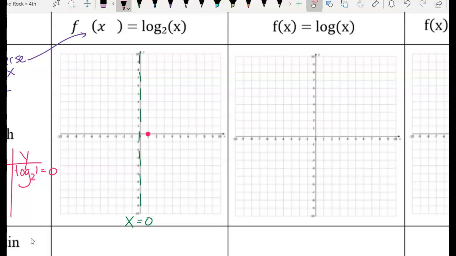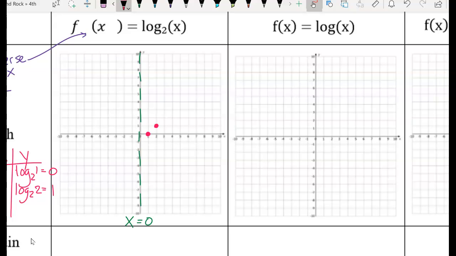What do you think is the next good number? 2. Let's plug in 2. What power do you raise 2 to equal 2? 1. So you plot the point 2, 1. Give me the next perfect input number. Negative 1? Can't go negative because of the asymptote. 4.